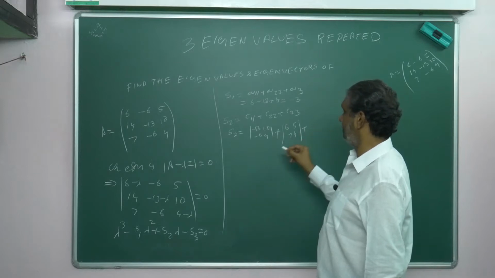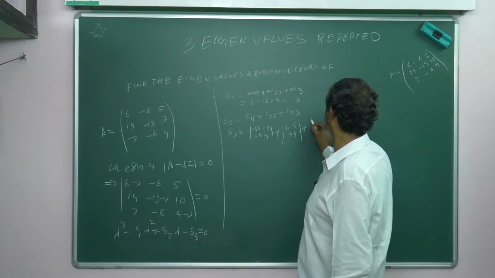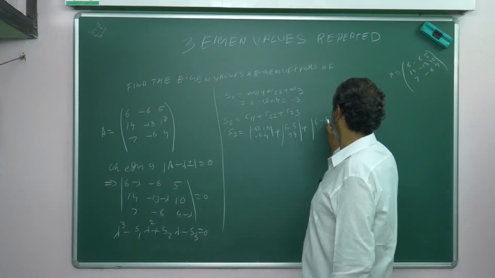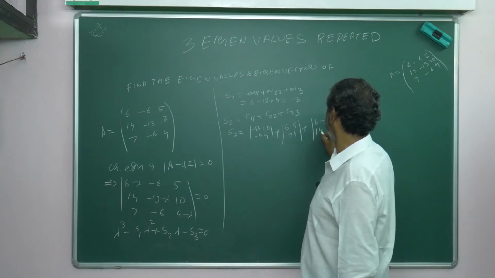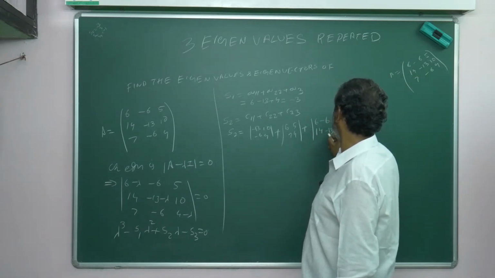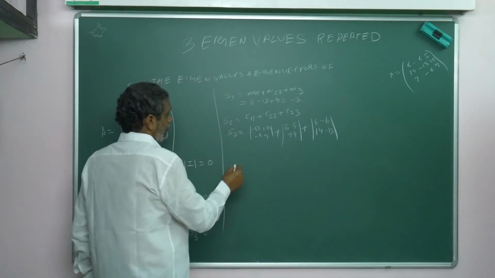Then plus, leave this row and this column, so you get 6 minus 6, 14 minus 13.